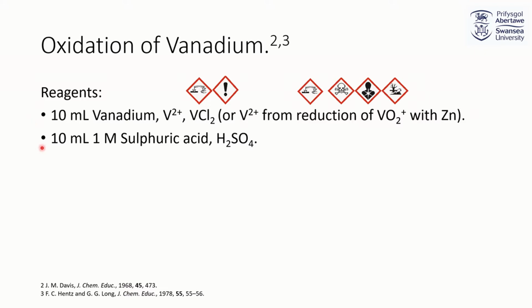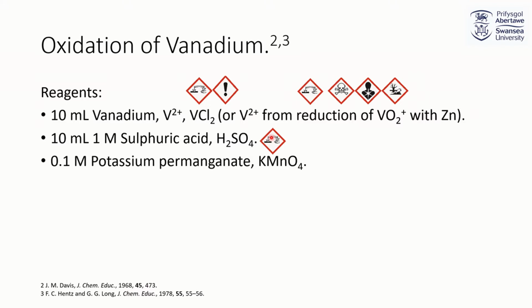Some sulfuric acid is required in order to allow for this oxidation, so some further acidification. And as said before, this is corrosive, and some 0.1 molar potassium permanganate for the titration.